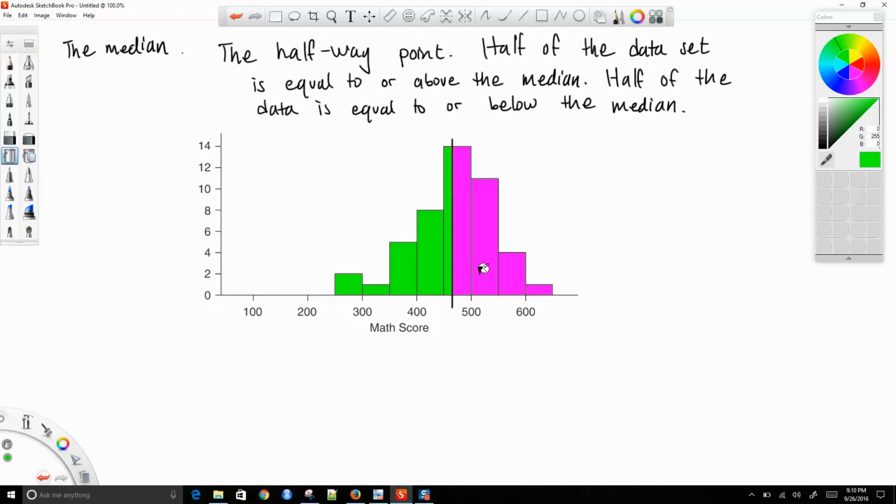That's the idea here: if this is the median, both of these sides have equal area. And so the median is not affected by extreme values or skew.